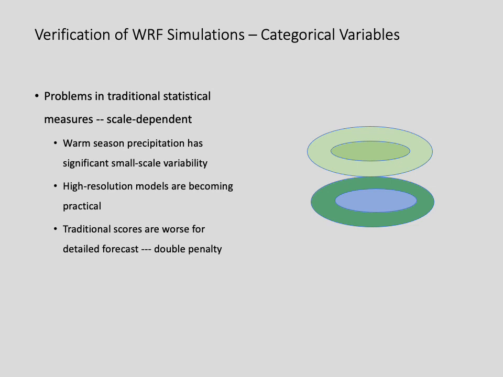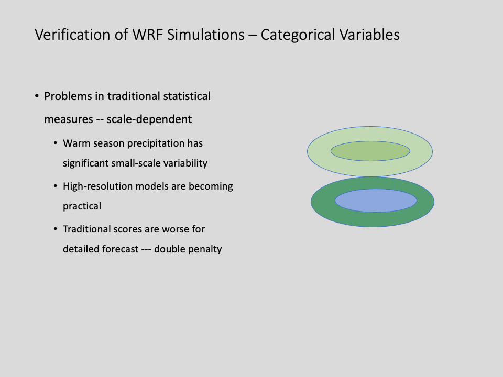Warm season precipitation is often driven by local heating and characterized by scattered and isolated convective storms, and it is hard to predict since such storms have many small-scale details. With the ever-increasing resolution of the numerical models, forecast of precipitation with small-scale details is becoming practical.